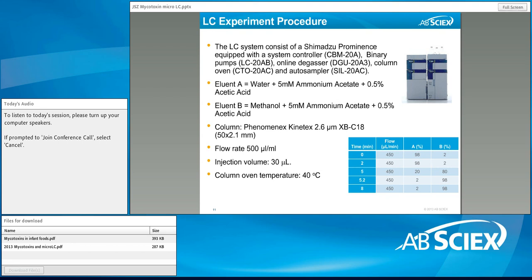Buffer B is methanol plus ammonium acetate and acetic acid. The column we use here is a Phenomenex Kinetex 2.6 micron XB-C18 column, and we use a flow rate of 500 microliters per minute, and the sample injection volume is 30 microliters.